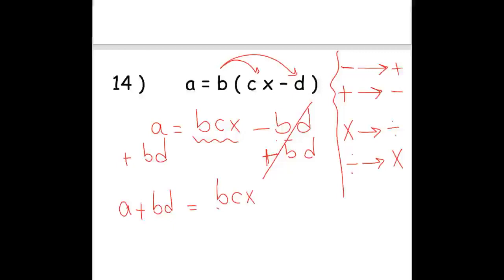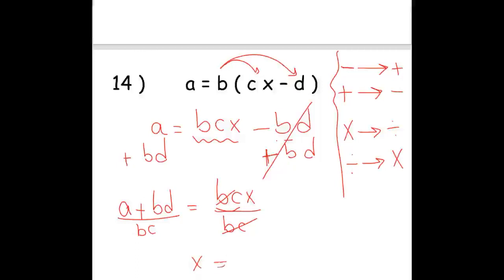Then here I have bc multiplied by x. So according to this rule, if bc is multiplied by x, I will get rid of it by its inverse operation, which is dividing by bc on both sides. So bc will go with this bc.